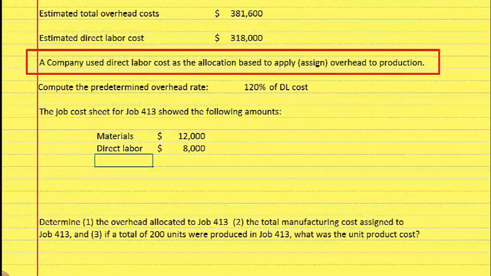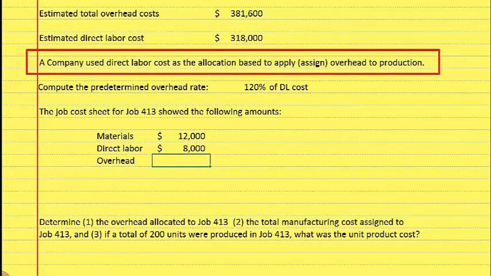Okay, now let's take a look together. I'm first going to compute the overhead allocated to job number 413 right there, and overhead is allocated at 120% of direct labor cost. So I'm going to say 8,000 direct labor cost times 120%.